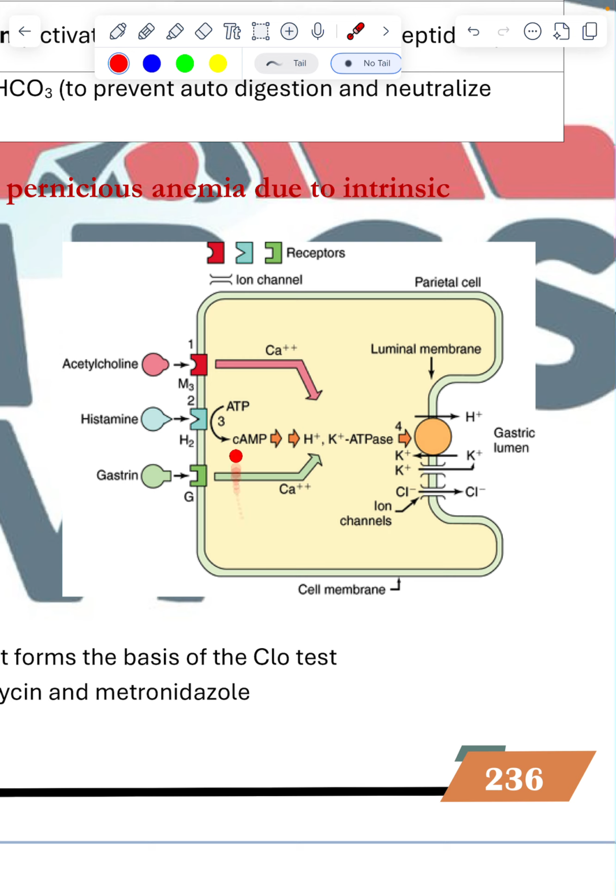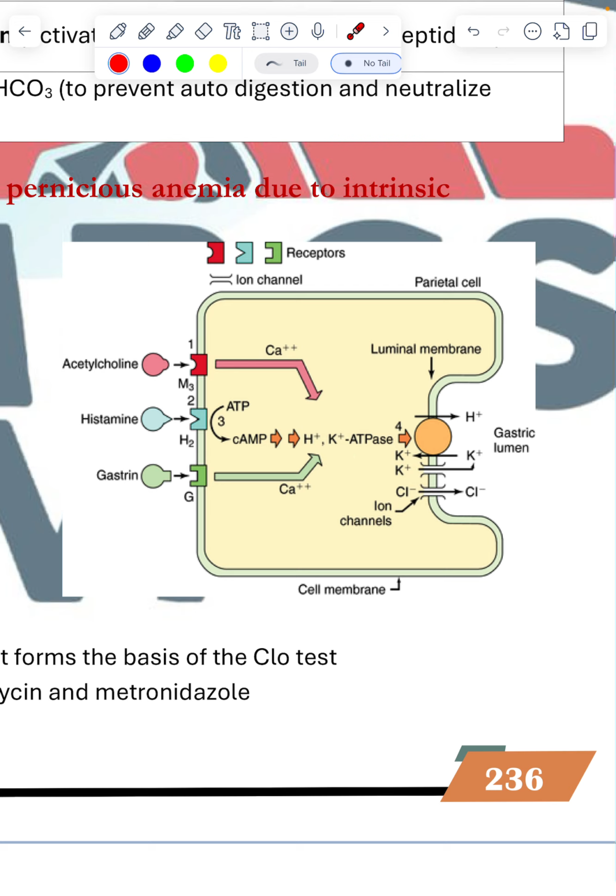Here you can see the secretion into the lumen. This is the parietal cell in the stomach. Acetylcholine acts on muscarinic receptors, and calcium is released. Histamine causes ATP to form cyclic AMP. Gastrin acts through calcium. The H-K ATPase is on the luminal membrane.